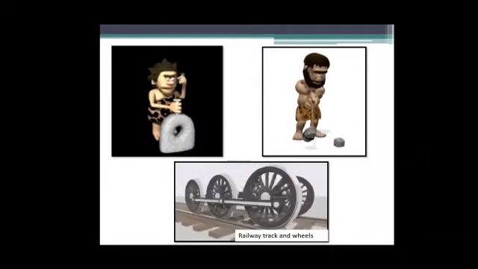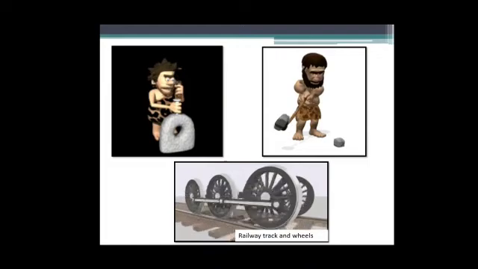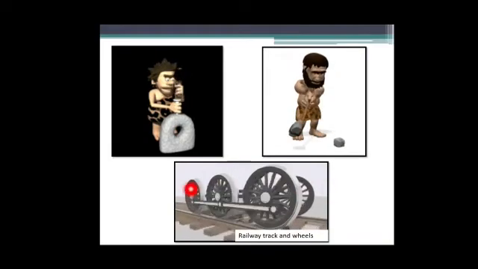The early Stone Age began with the most basic stone implements made by early humans. These old toolkits include hammer stones and sharp stone flakes as simple machines. In early times, we also used railway tracks and wheels. You can see here.